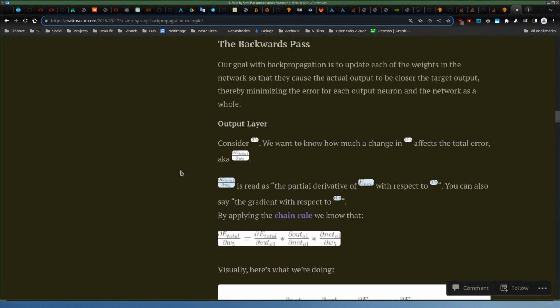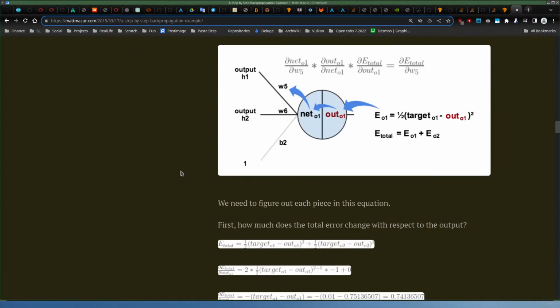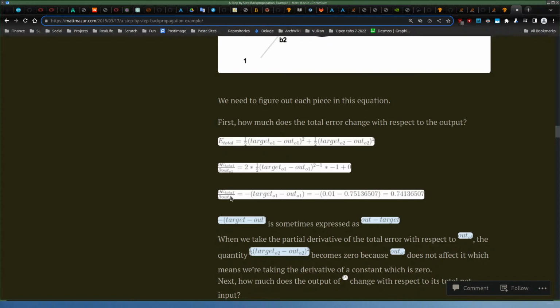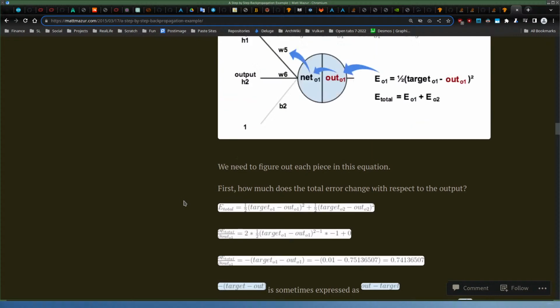Well, it's called back propagation, so I guess we should start at the end. And this is the end, right? It's E total, and then the immediate input of that. Derivative of the loss function relative to O1, out 1.